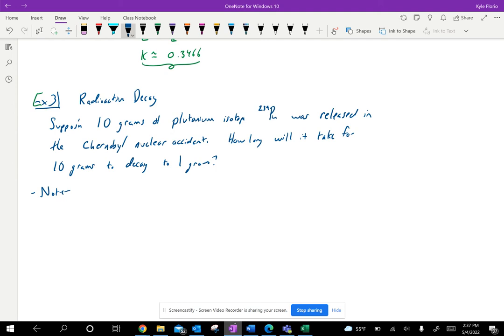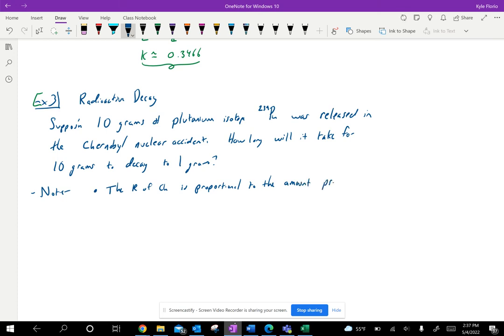3 things. The rate of change is proportional to the amount present.